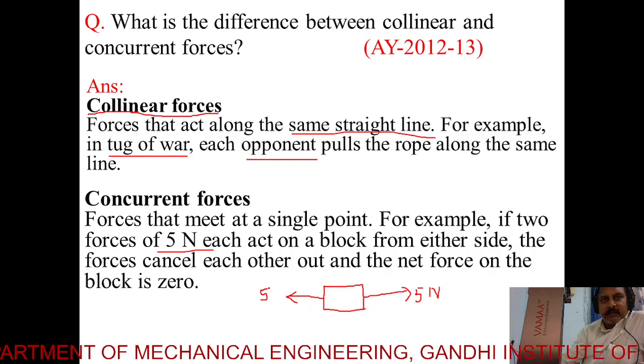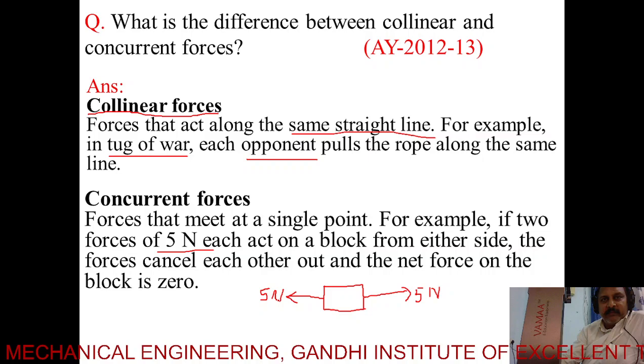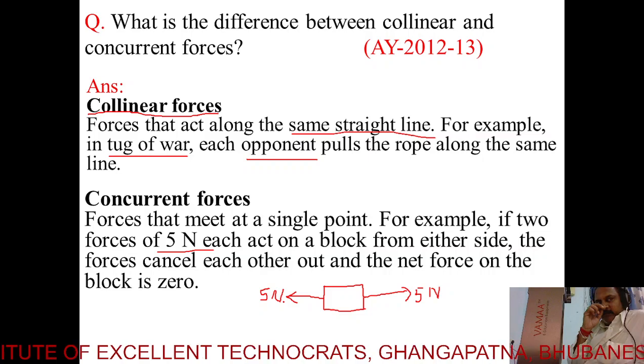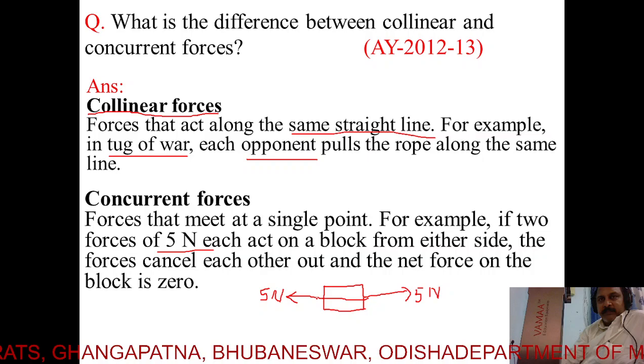When we calculate the net force, on the right side the sign convention we take as positive, and on the left side as negative. So the net force is 0, and we can say that this body will be in equilibrium. So this is an example where both the forces are meeting at a common point.